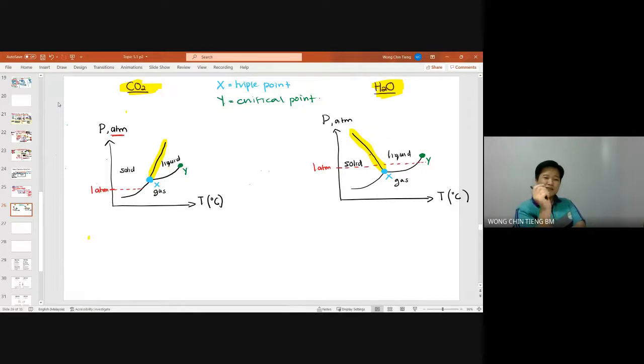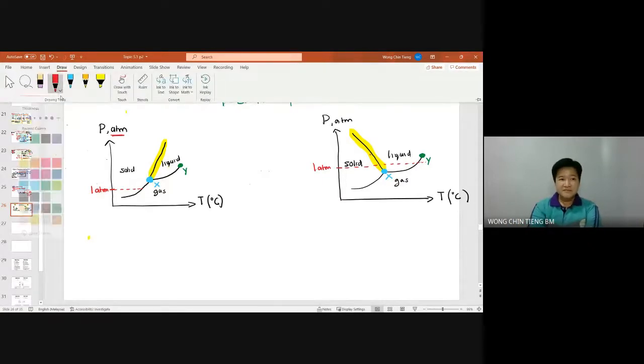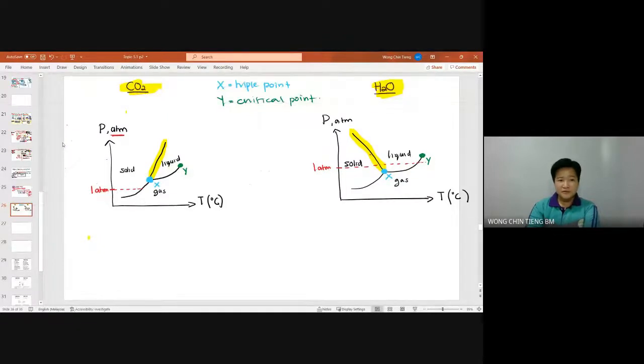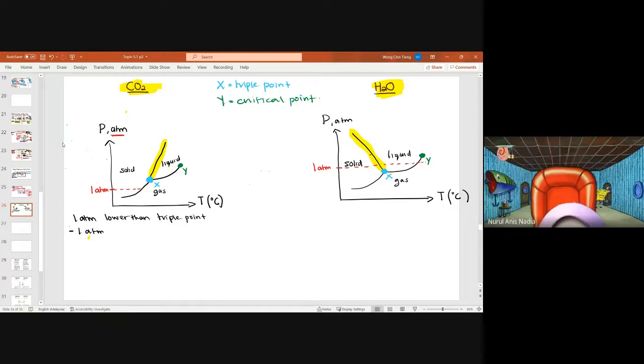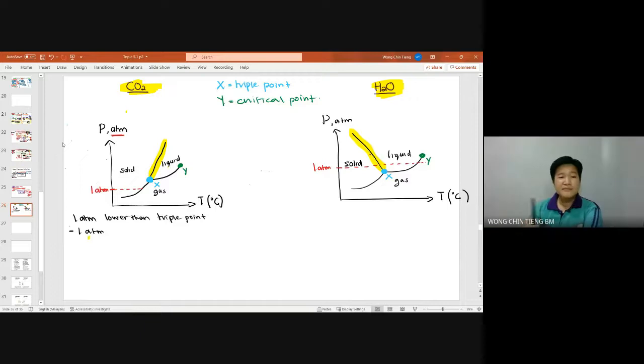Because CO2 can only have solid and gas at any temperature and... that sentence isn't finished. Is it right already, Anis? The sentence isn't finished. Any temperature, sorry? Does not melt at 1 ATM. 1 ATM, don't forget that 1 ATM. Alright, don't forget that 1 ATM.